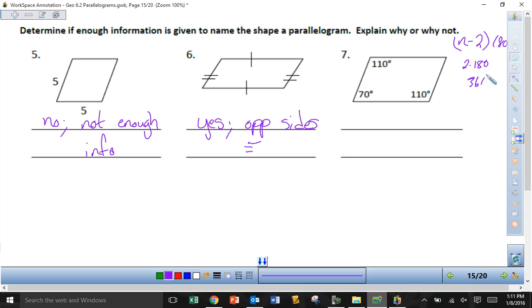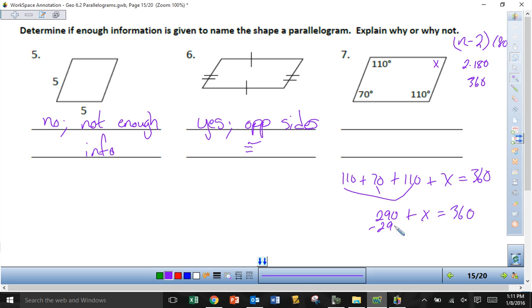Now if that's true, we can say if this was x here, we've got 110 plus 70 plus 110 plus x equals 360. So this combines to be 220, add another 70, and that's 290, plus x equals 360. And then when we subtract that 290 over from both sides, that means our missing angle there is 70 degrees.